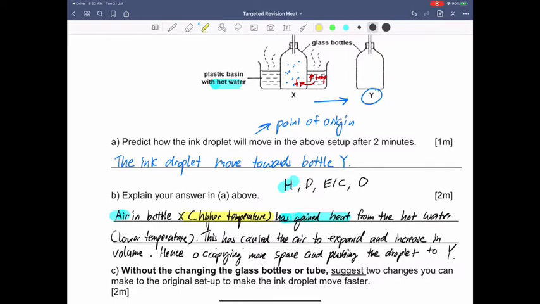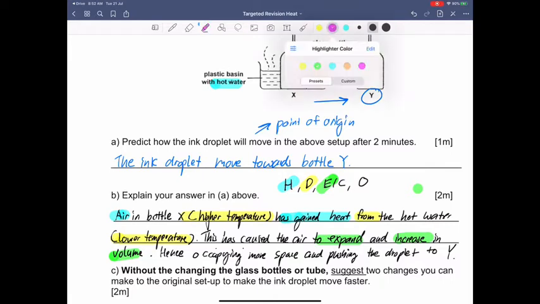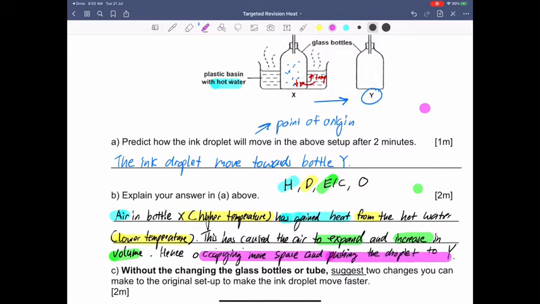So from where to where? And then you talk about expansion. This caused air to expand and increase in volume. Remember, expansion always increases in volume. And last but not least, you talk about the outcome, O. So this is very clear and it's very concise.